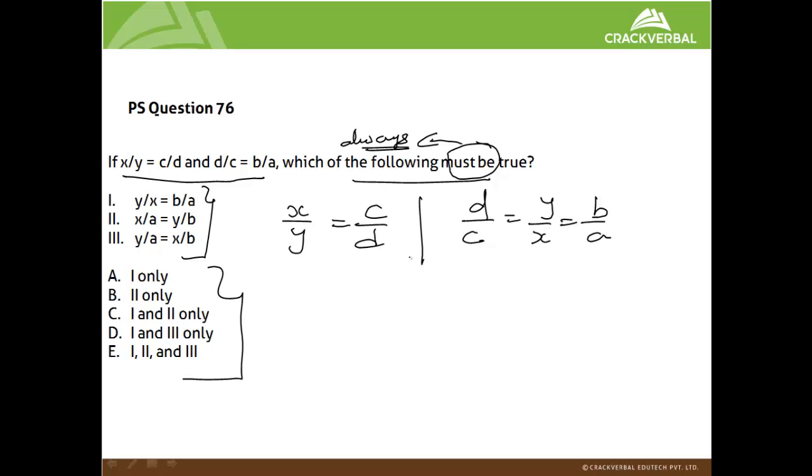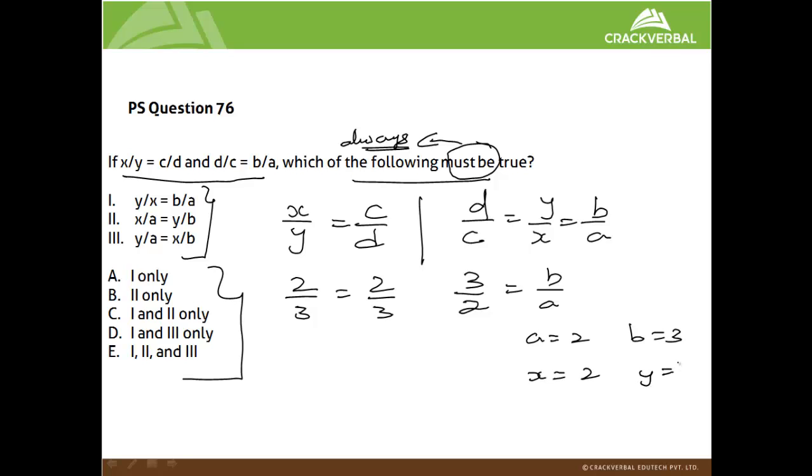Suppose we take x and y as 2 and 3, then c by d is also 2 by 3, where d by c is 3 by 2, the reciprocal. And b by a is also 3 by 2. So a is 2, b is 3, x is 2 and y is 3. Similarly, c is 2 and d is 3.